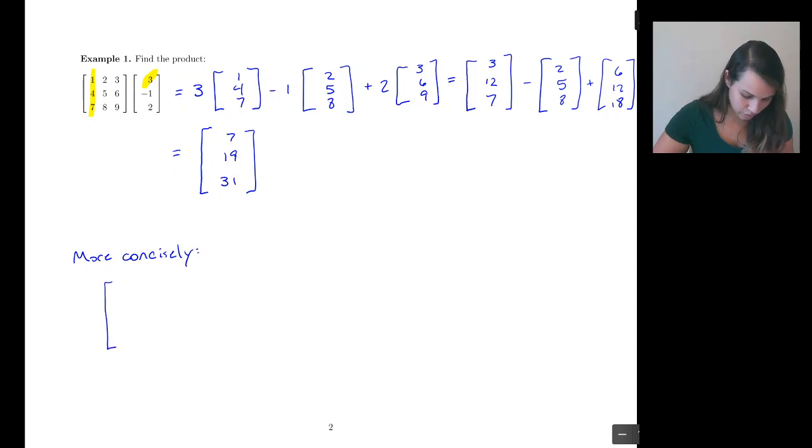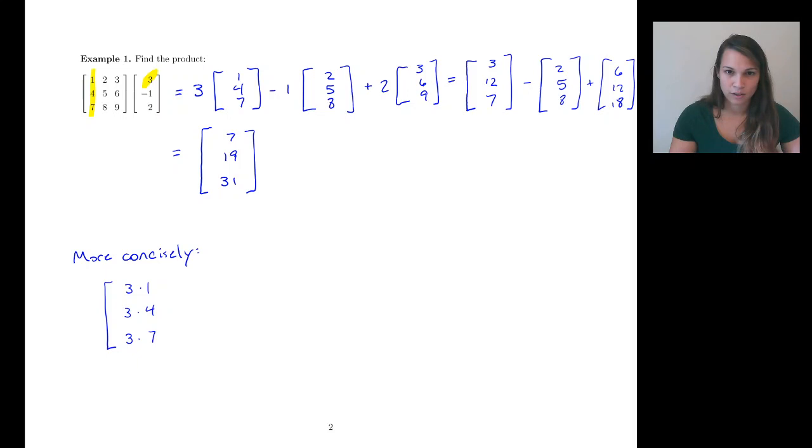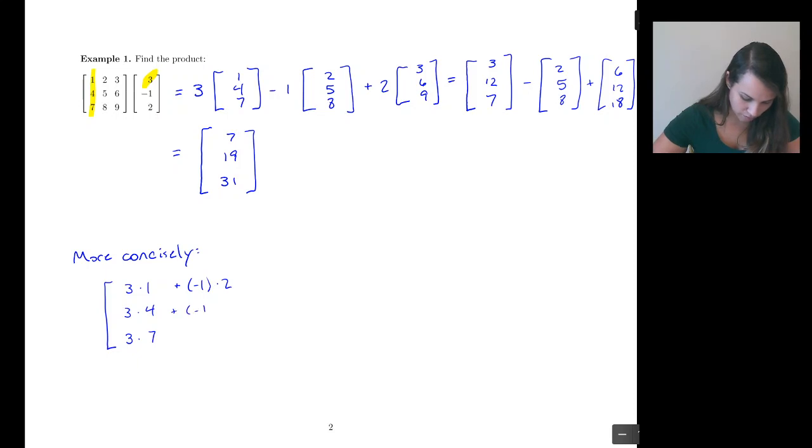Okay. We're going to do 3 times the first column. And then we're going to do -1, the second entry, times the second column. Plus -1 times 2, plus -1 times 5, plus -1 times 8.